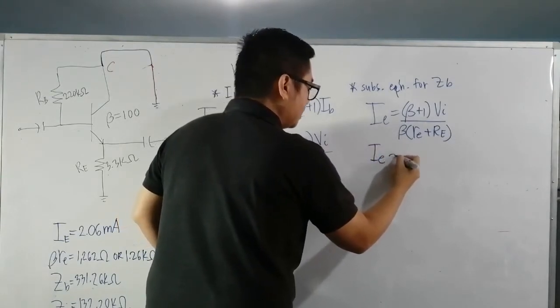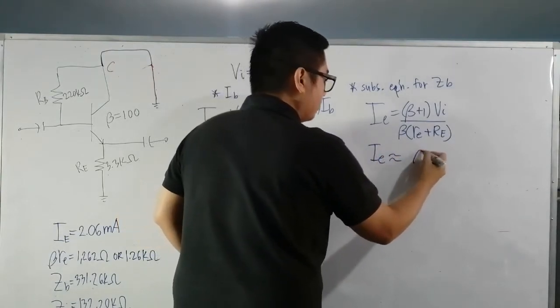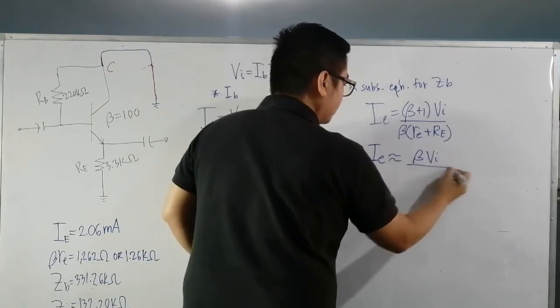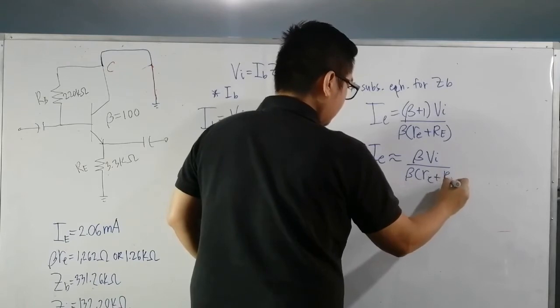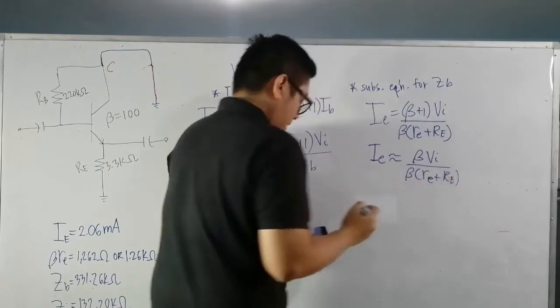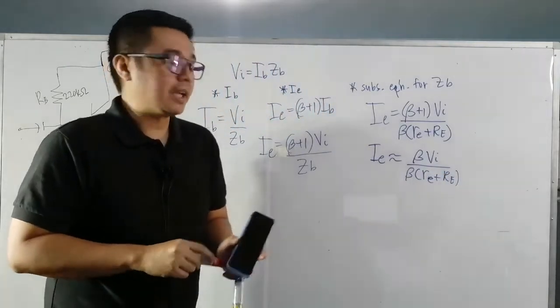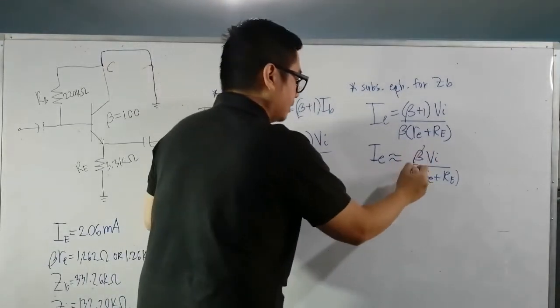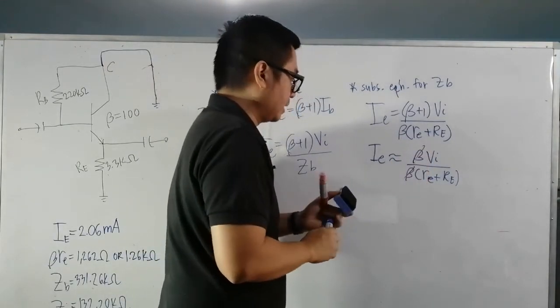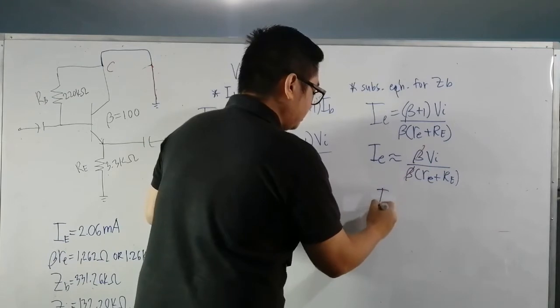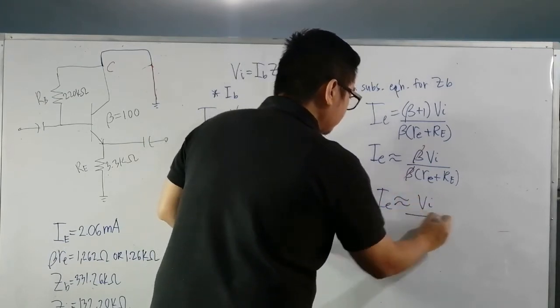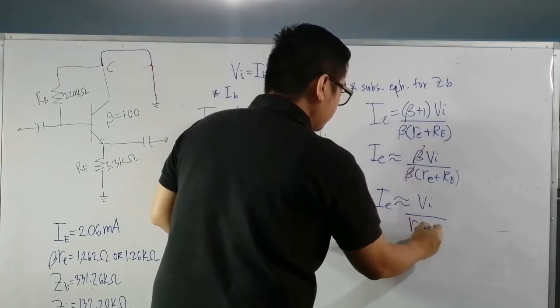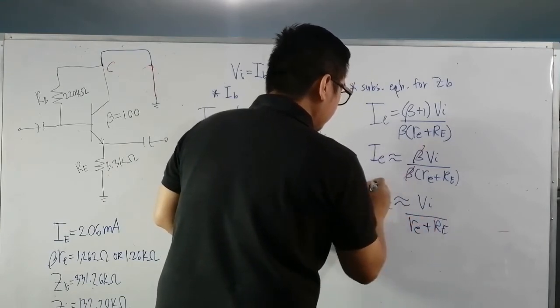We have I sub E is approximately equal to beta V sub I over beta r sub e plus R sub E. Now we can cancel out beta in our equation. Therefore, I sub E is approximately equal to V sub I over r sub e plus R sub E.